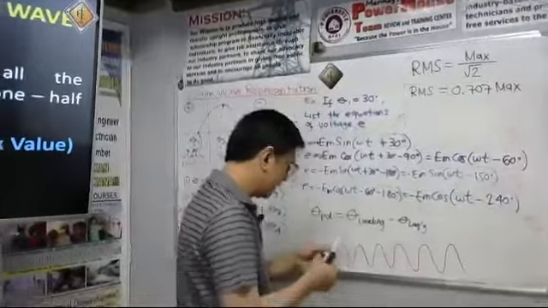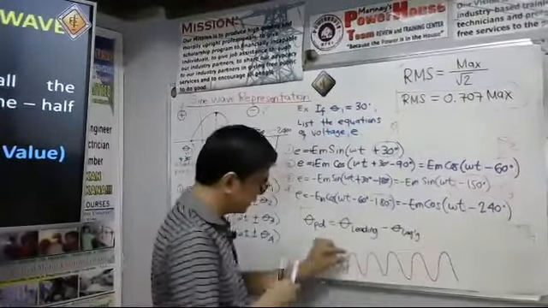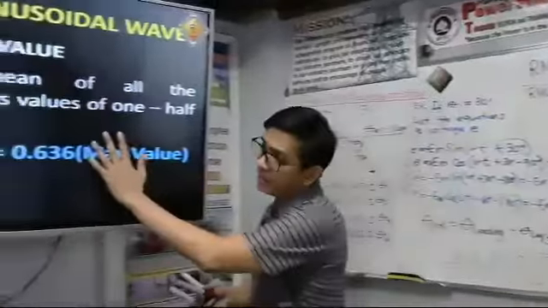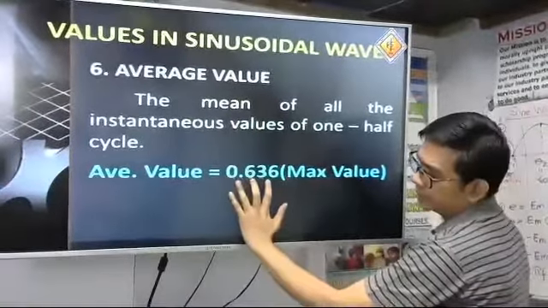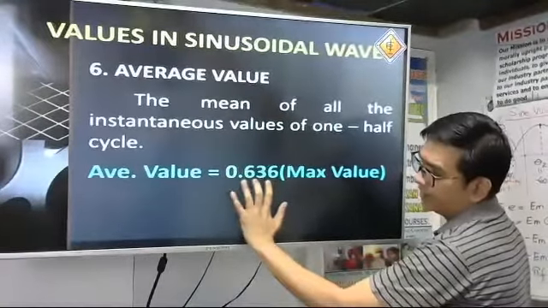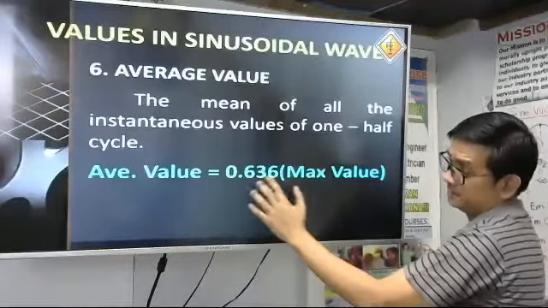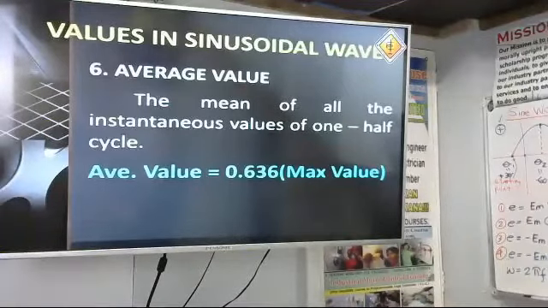What is the average here of all the positive values? That is what we call the average value, which is 0.636. In some books, they use 0.637 times the maximum value.